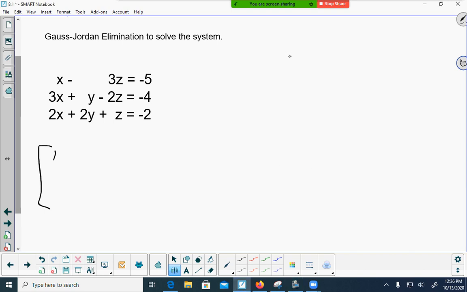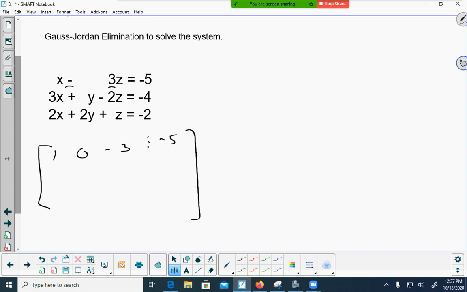All right, so I'm going to do the augmented matrix first. Connor, what's the augmented matrix? I wrote -3, -5.